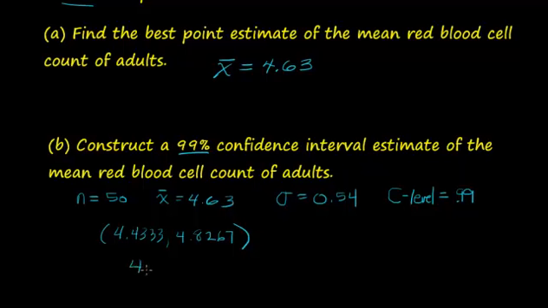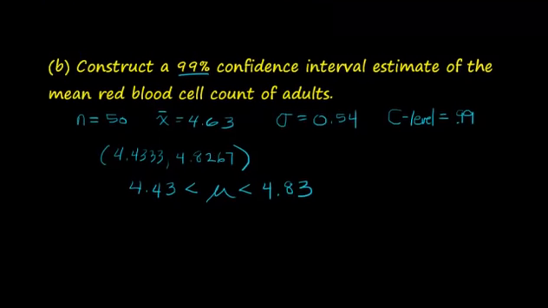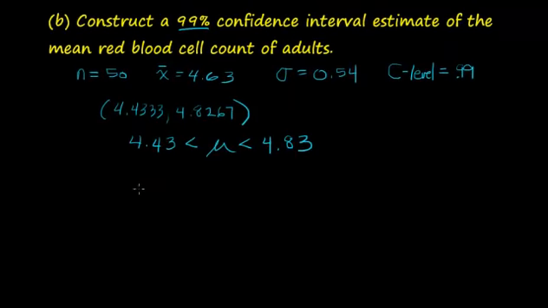Using our round-off rule, we said the same as the sample mean if we don't have the original data, and we don't. And now we interpret our results.